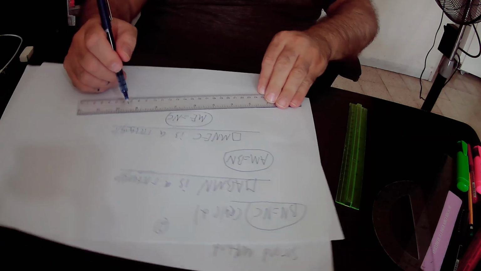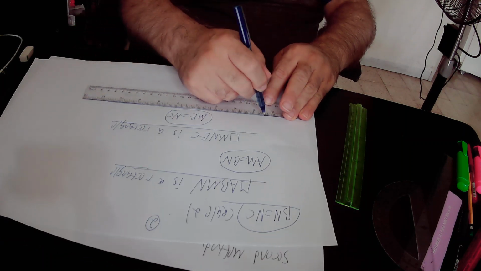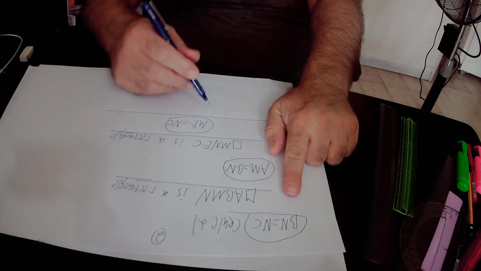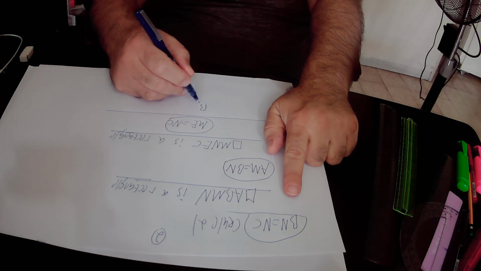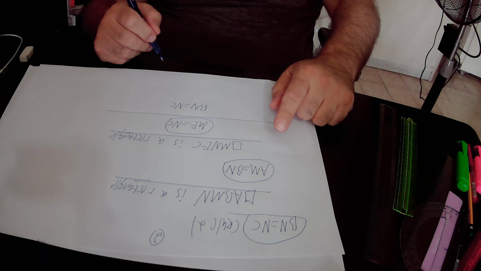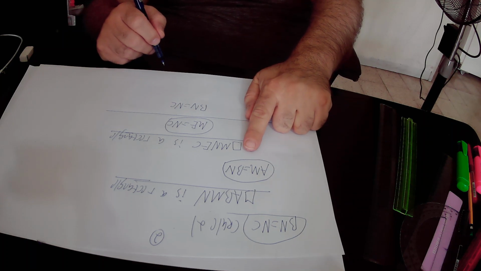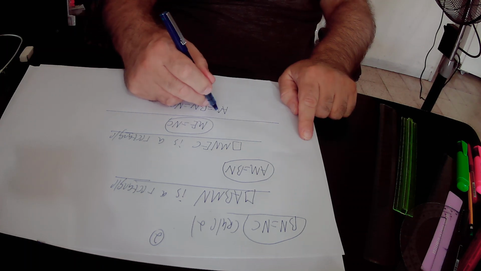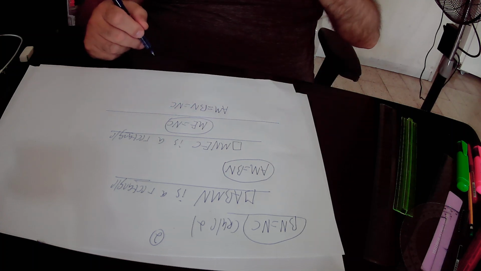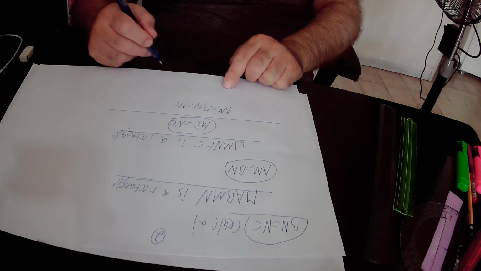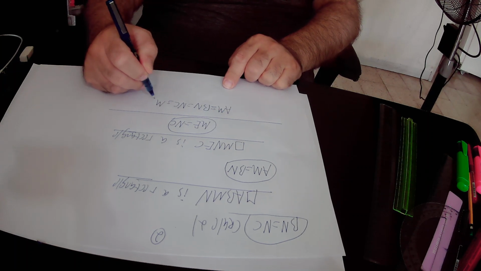So we can summarize what we have found out until now. According to rule number 2, BN equals NC. We have also found out that BN is equal to AM, so BN equals AM. And NC is equal to ME, so NC equals ME.